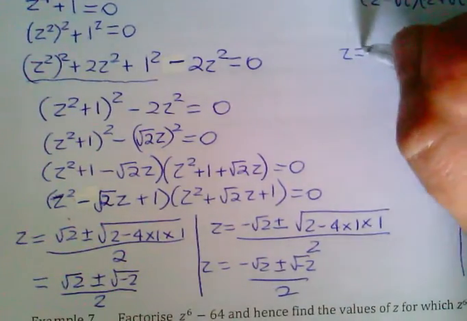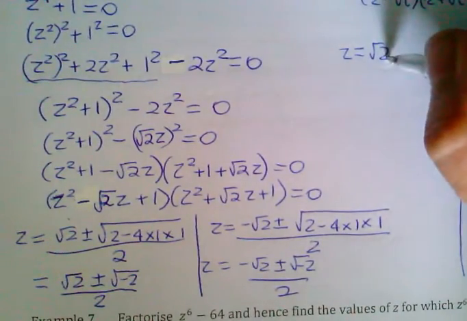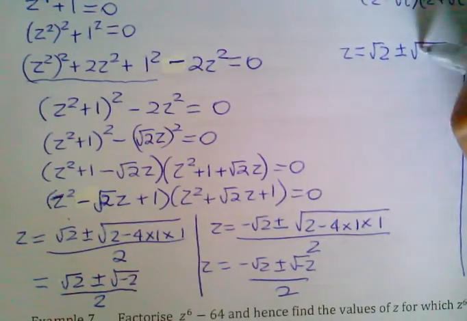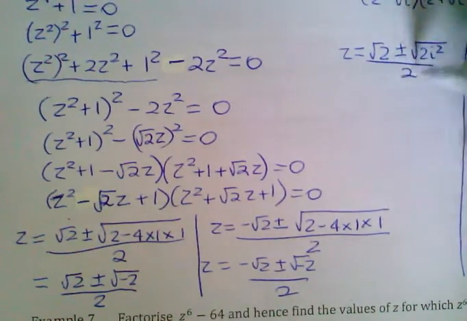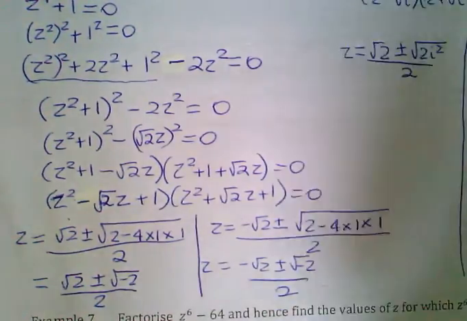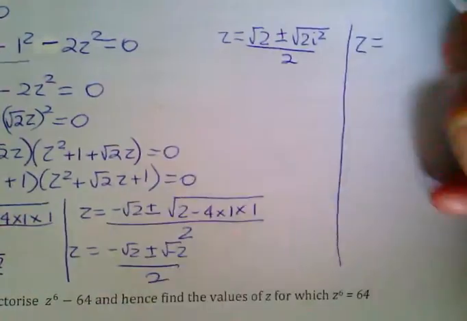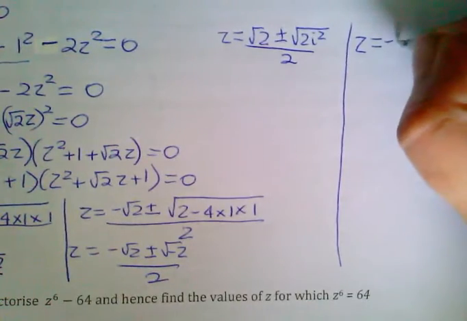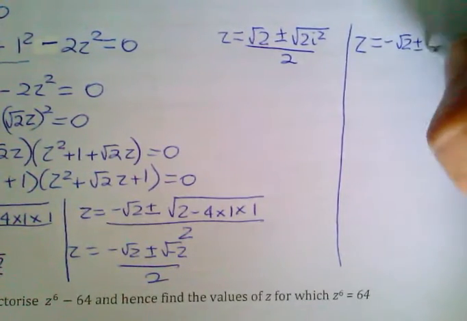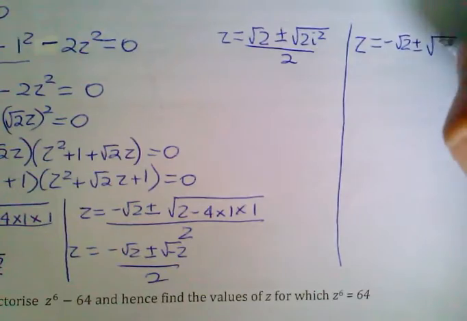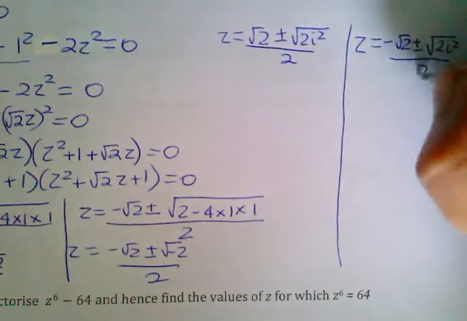So z equals root 2 plus or minus the square root of 2i squared over 2. And here, if we rewrite the square root of negative 2 as 2i squared as well, we've got z is negative root 2 plus or minus the square root of 2i squared over 2.